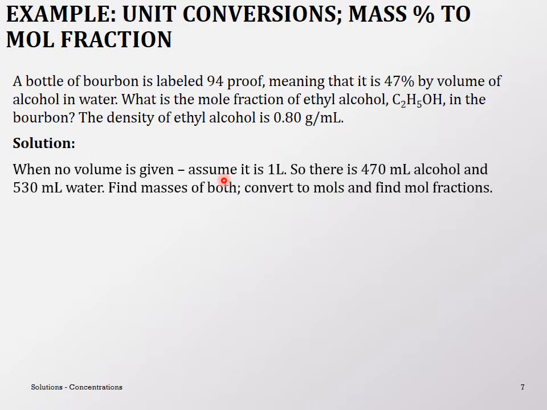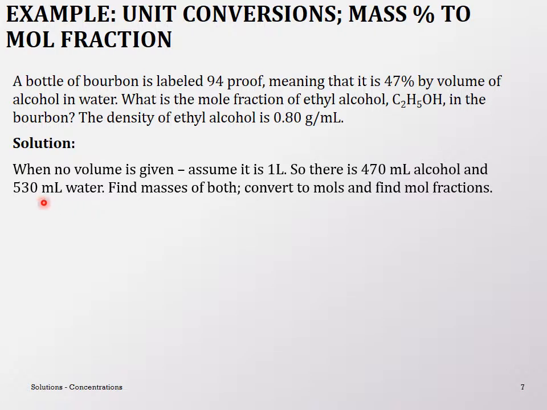Okay, so let's look at that. First of all, there was no volume given to us as to how much there is, so you can safely assume it's going to be 1 liter. If you don't want to assume 1 liter, you can also assume 100 milliliters because this is a percent solution. If you assume 1 liter, then there is 470 milliliters of alcohol and 530 milliliters of water.